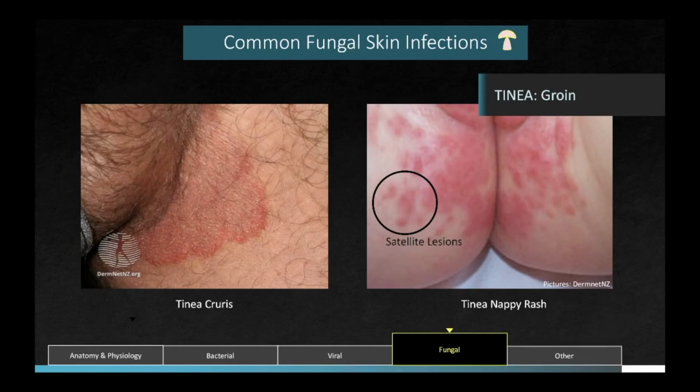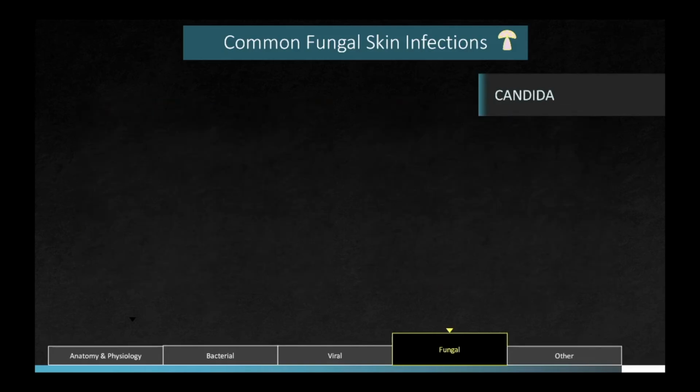Now that we've had a look at dermatophytic fungal infections, let's go on and consider some common yeast infections, specifically the Candida group. Candida species are commensal in the GI tract, the mouth and on the skin of most humans. However, in certain situations there can be overgrowth of Candida.